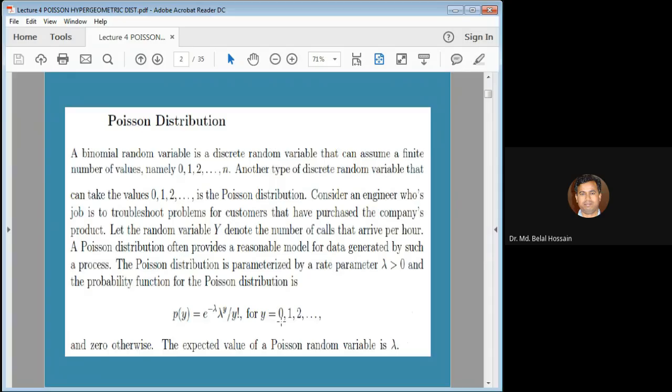It may be 0, it may be 1, it may be 2, it may be 100 and so on. So this is the difference between the two distributions. The similarity is that both are discrete distributions, but the concept is totally different.